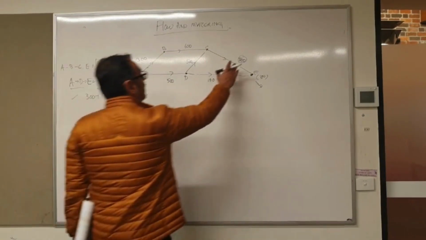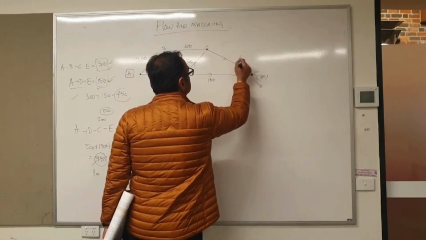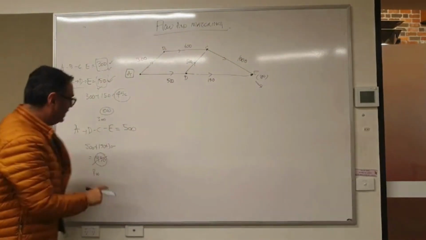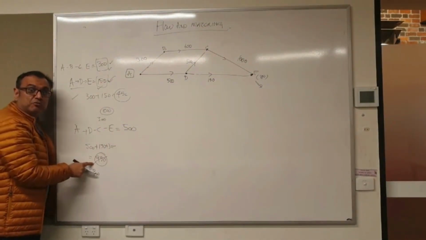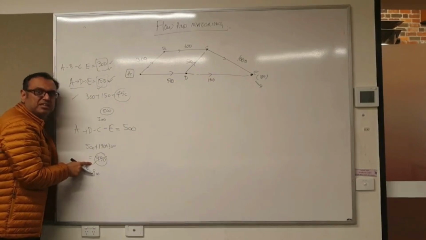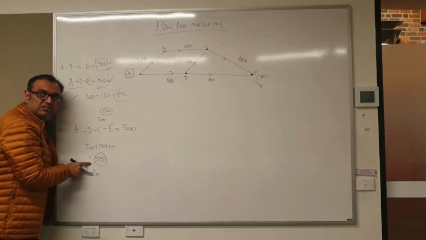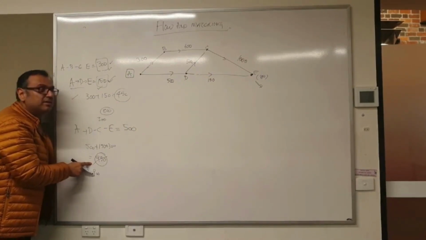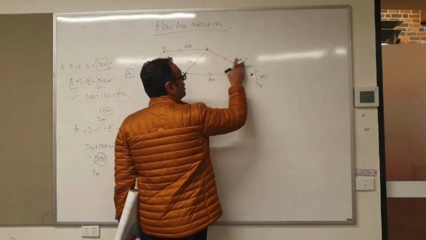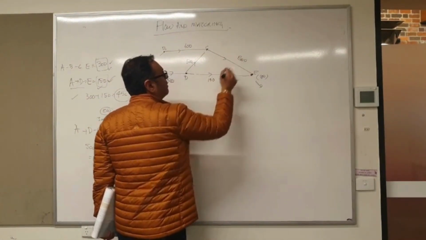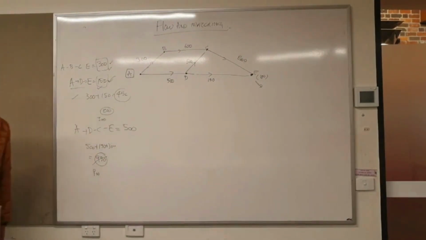Let's say this would have been 1,000. Then I would have taken 950, because E would have handled the pressure of 950. Do you get my point now? This is controlling the whole game of the output.